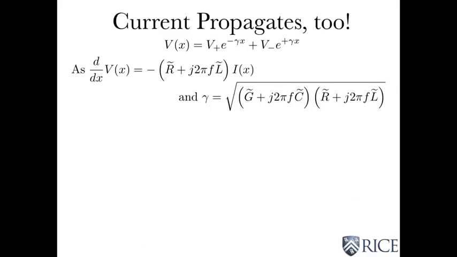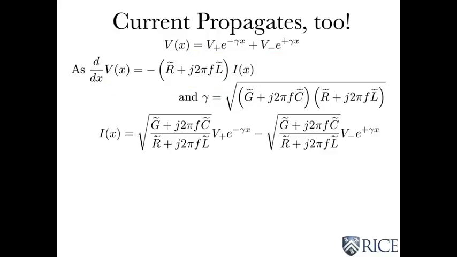Now, I just want to point out that of course the current propagates also. So we've been talking about the voltage here, and as you remember, one of our differential equations was that for the relationship between voltage and current, so I can just take the derivative of my expression and I've solved for the current.